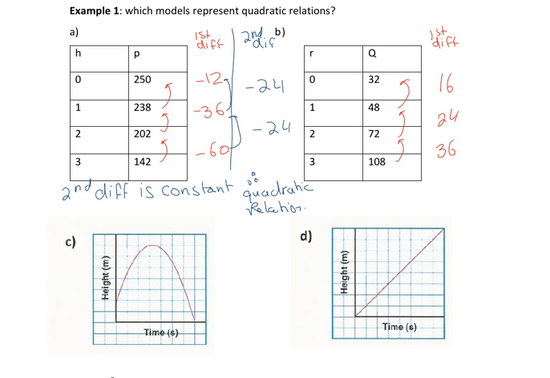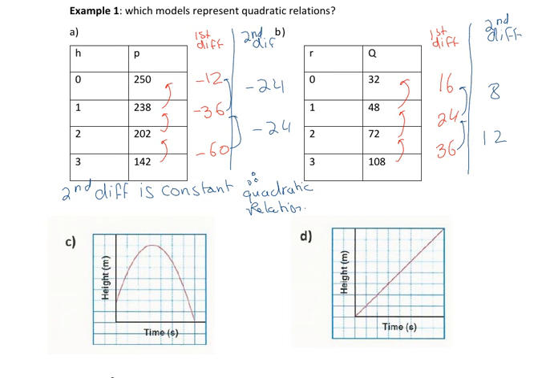Now I have to check if it's quadratic, because the question is asking me which one is quadratic. So I have to do the second difference. 24 take away 16, that is 8. And then 36 take away 24, that is 12. So, is it quadratic?